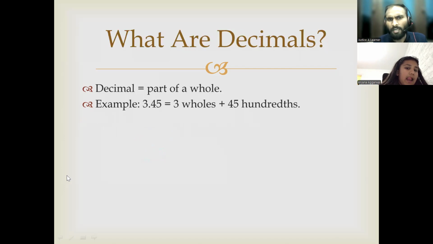So the whole part and the decimal part you already know. And the number we are having here is 3.45. So the digit 4 represents what? Hundredths. Hundredth. And what about 5? Like only 5? Tenths.